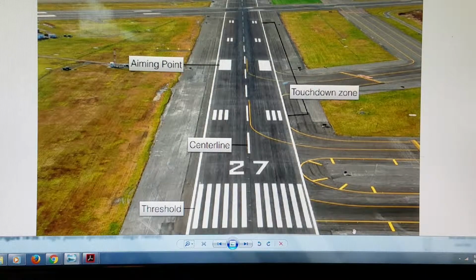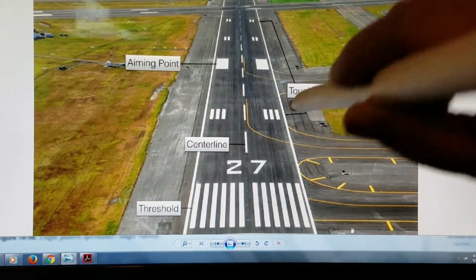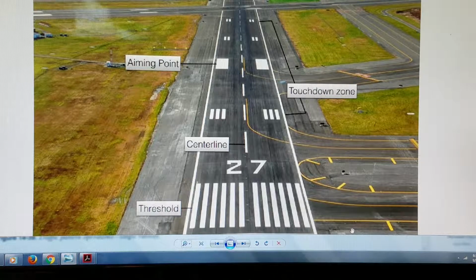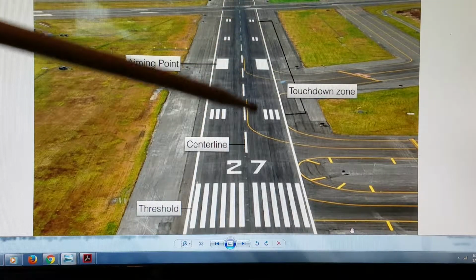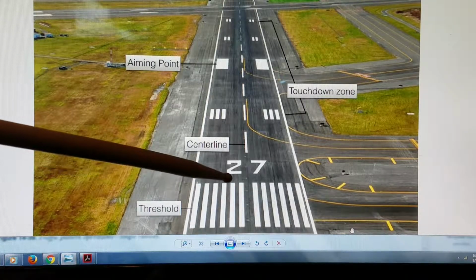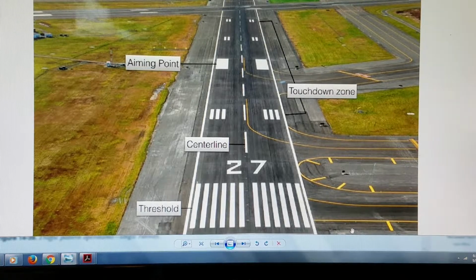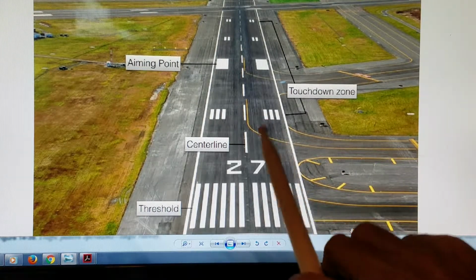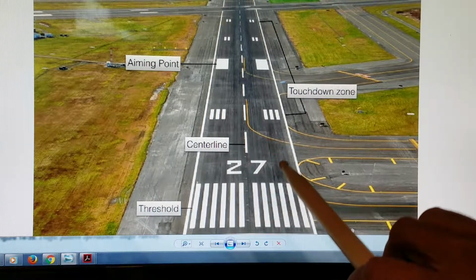That 270 degrees is when the plane comes to land, it's heading 270 degrees. Not when you keep a compass right in the middle of the runway. But when you're coming into land, you are heading 270 degrees.